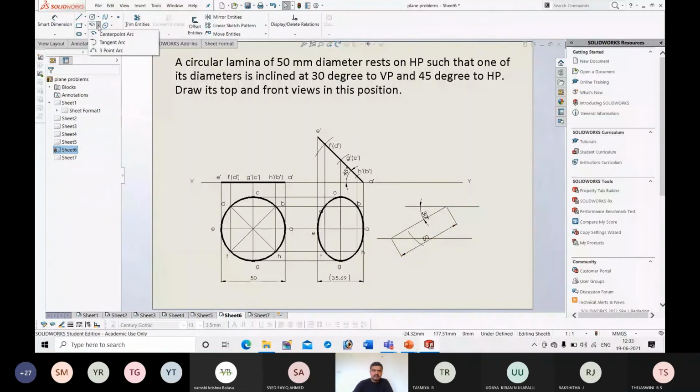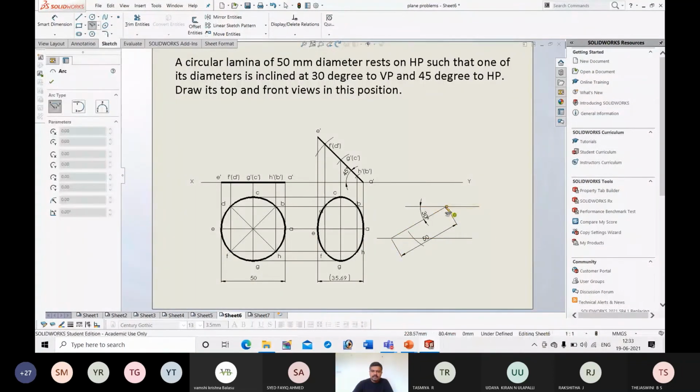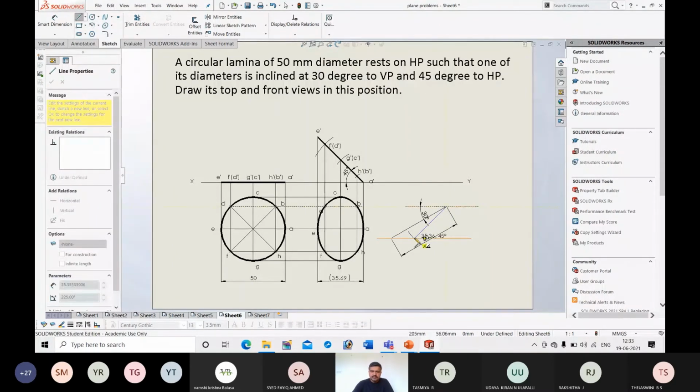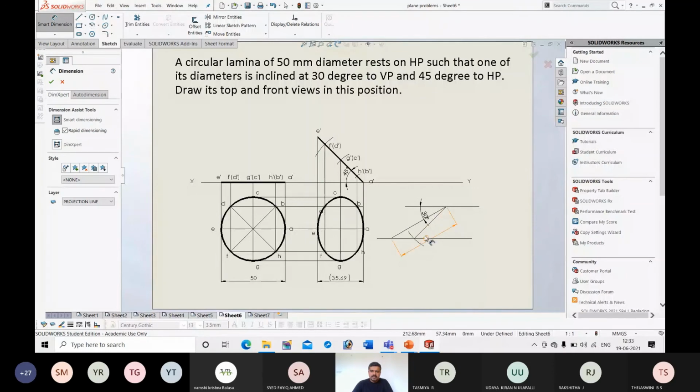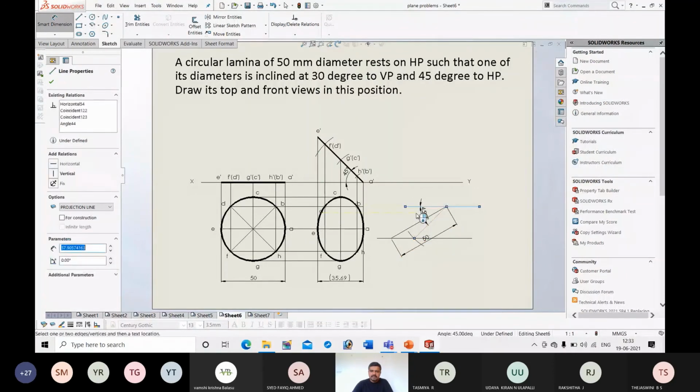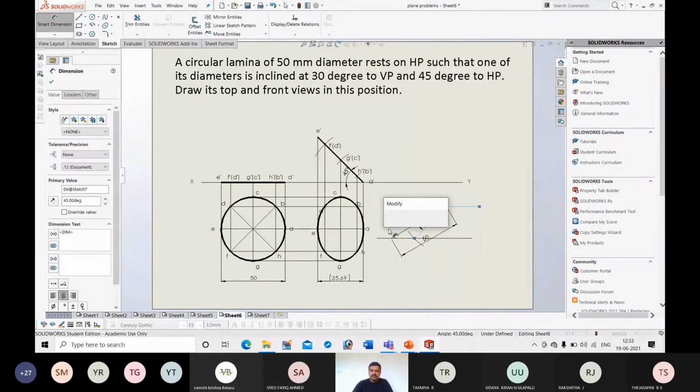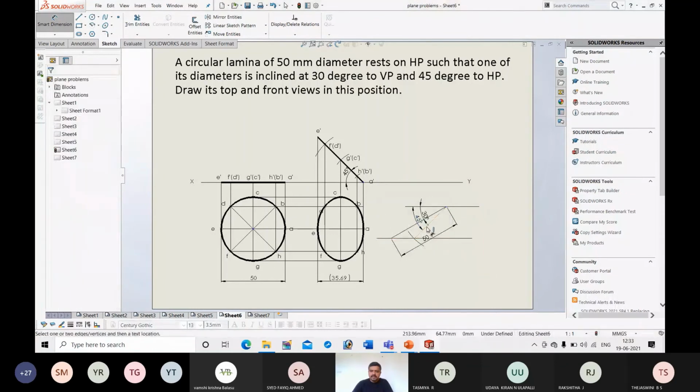Next, connect this point to this using scale. Next measure the angle using protractor. Angle between this line and this. So it is 45 degree. 45 degree is the false inclination to which this should be inclined. So we determine beta. Beta is 45.